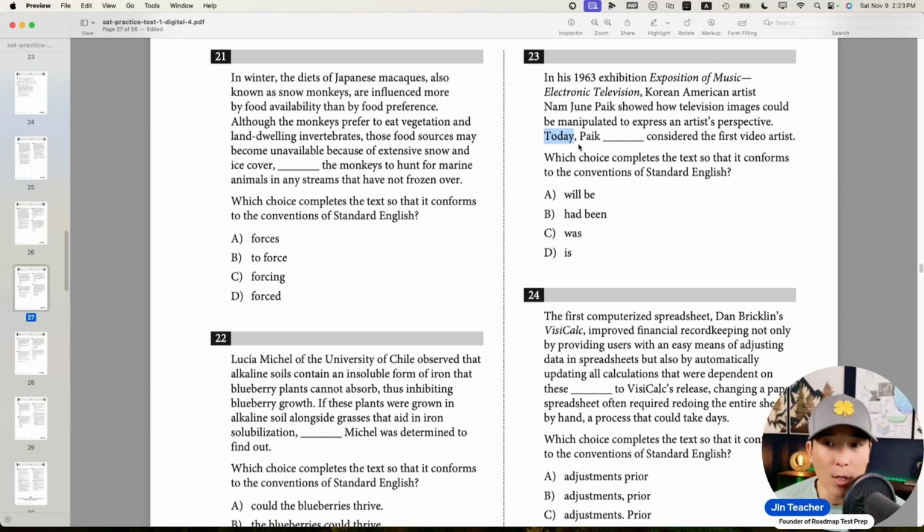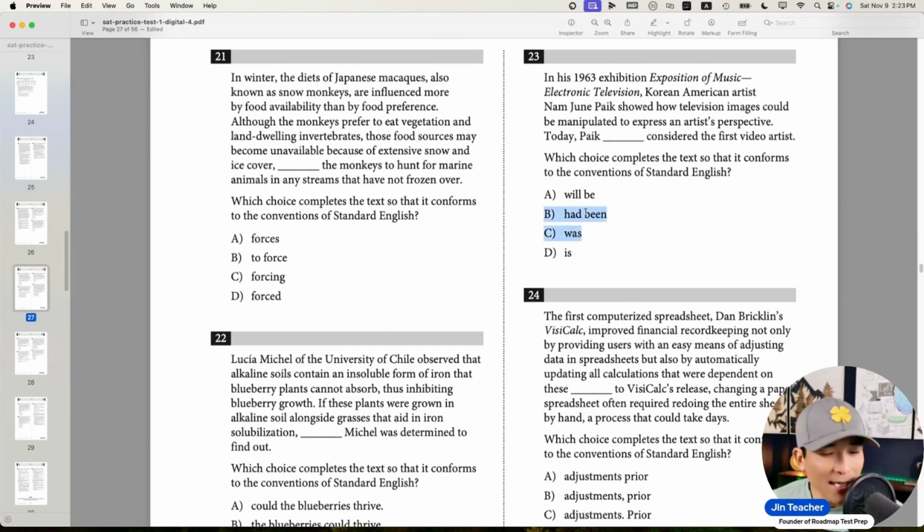When you use today in a sentence, you can use either the present tense or the future tense, right? If I say today I will run 5 miles, it just means that you haven't run it yet. But if I say today I go to school, it's just telling you a fact. So you can use present tense and future tense verbs when you have the time reference today, but you cannot use the past tense.